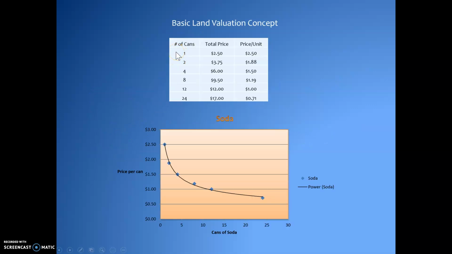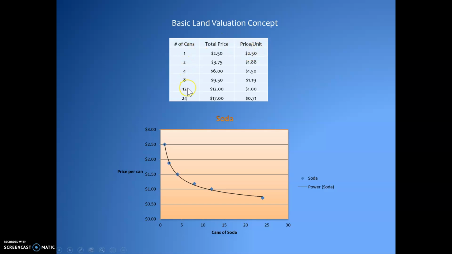We'll use 1 can of soda, or depending on where you come from, some people call it pop. We buy 1 can and our total price is $2.50, making our price per unit also $2.50.